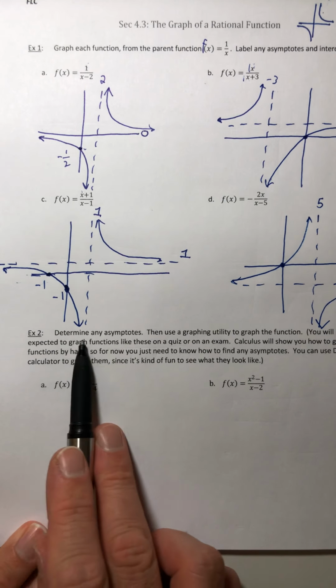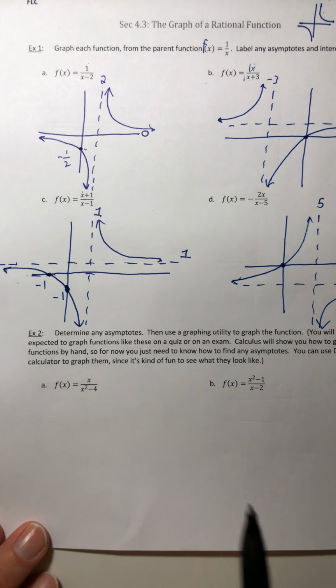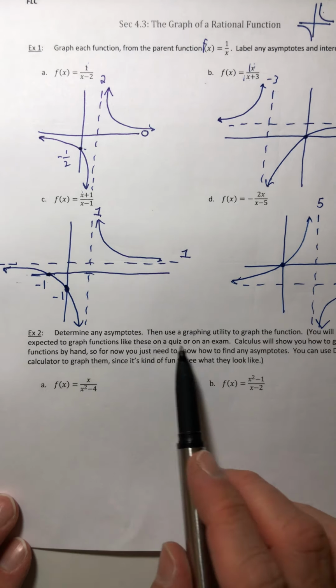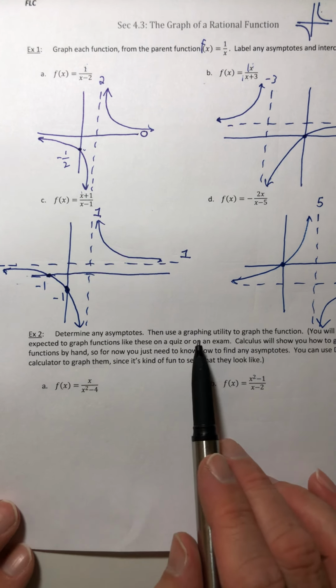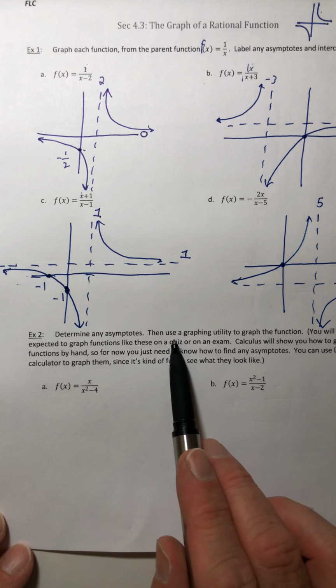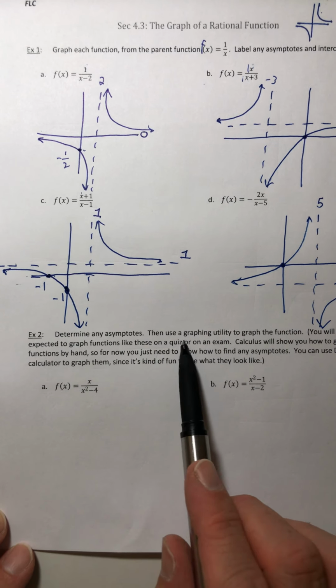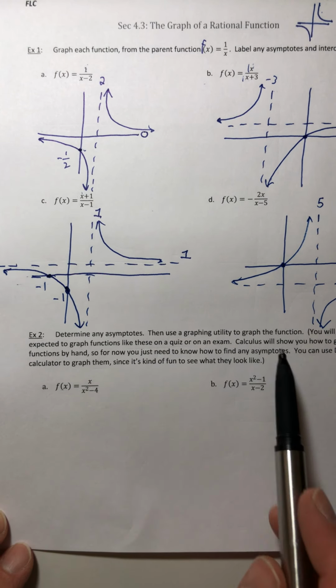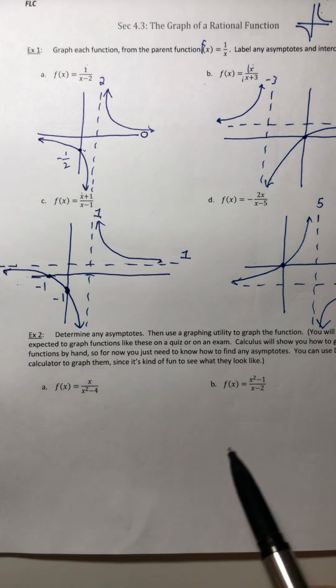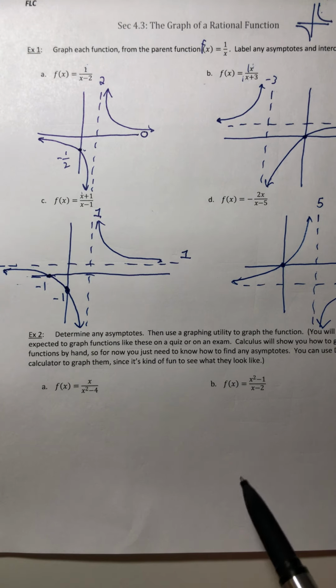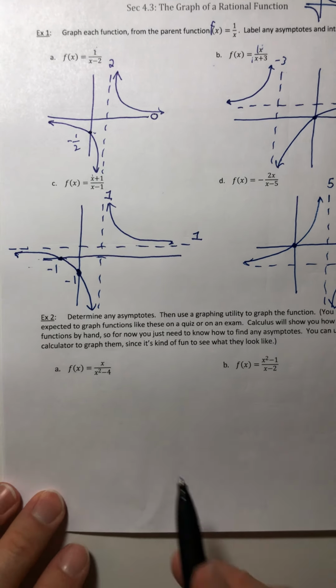So for example 2, just determine any asymptotes, then use a graphing utility to graph the function. Again, I'm not going to ever ask you to graph something like these on an exam or a quiz, but it's just kind of fun to see what they are. So when you're doing this, pull Desmos out and graph them just so you can see what they look like, because they're kind of cool.